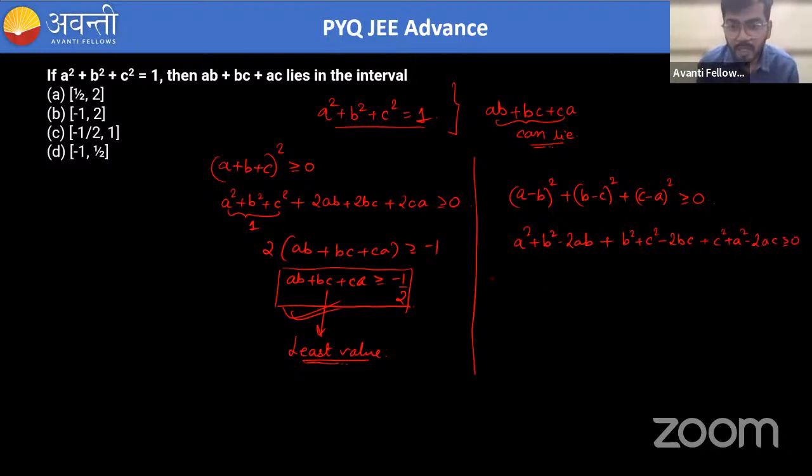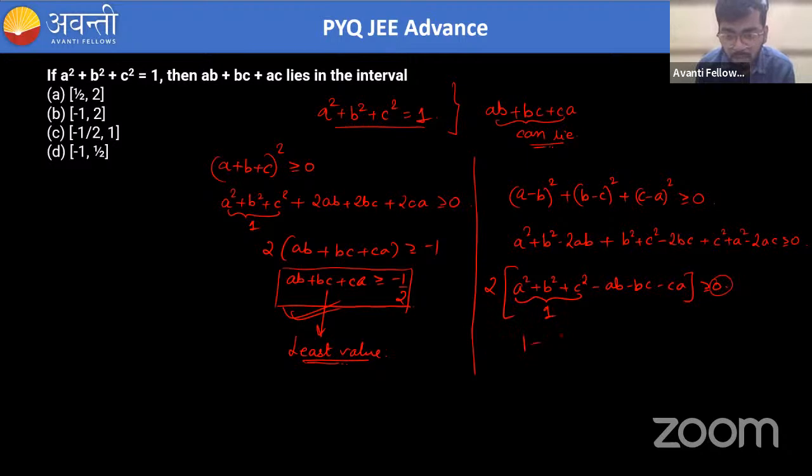So here you can see, guys, that you are getting 2 times (A square plus B square plus C square minus AB minus BC minus CA) as greater than or equal to 0. So we already know the value of this is 1. 2 can be taken out with this 0. So we are left with 1 minus (AB plus BC plus CA) is greater than or equal to 0.